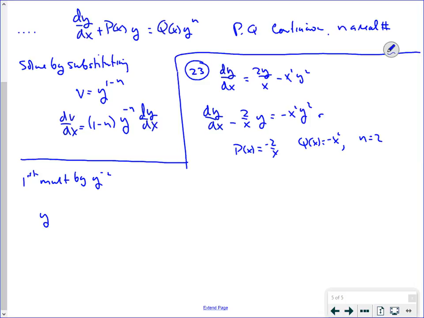So y to the minus 2 dy/dx minus 2 over x y to the minus 1 equals negative x squared. Okay. Now we do our substitution.